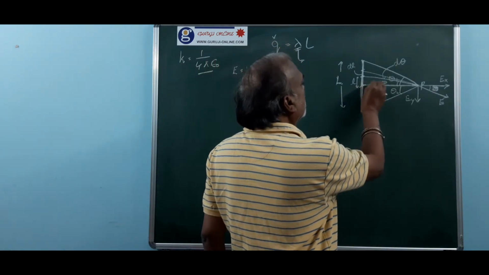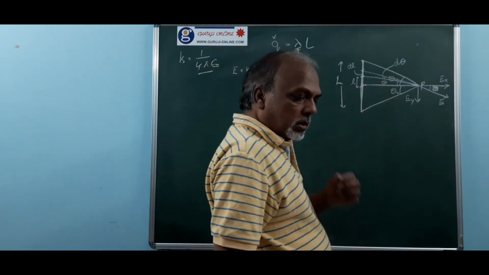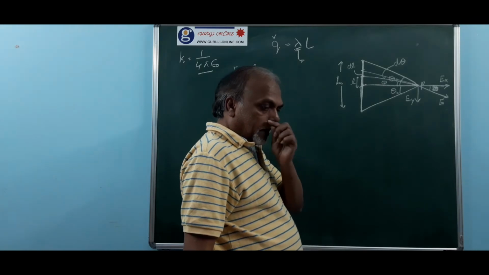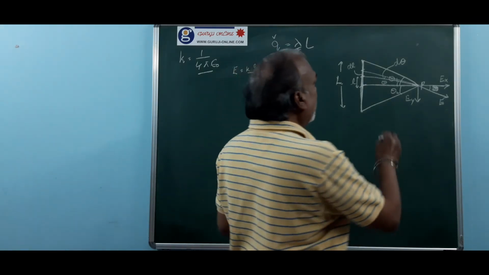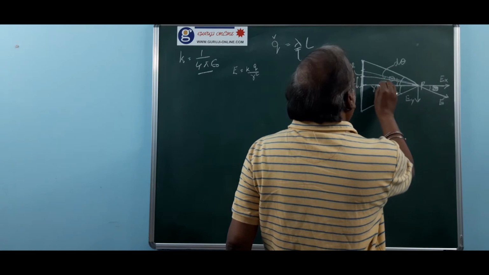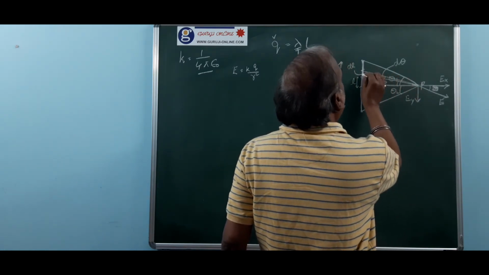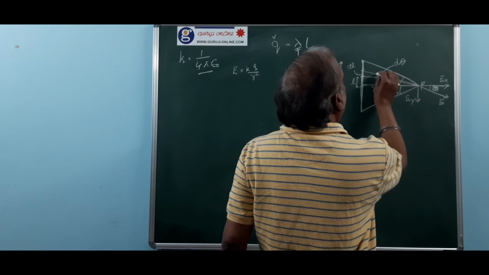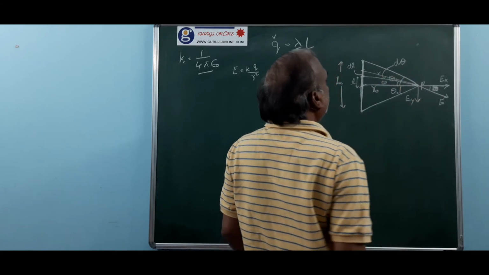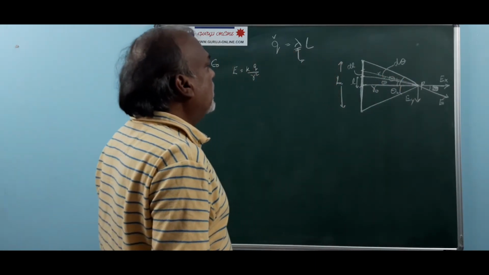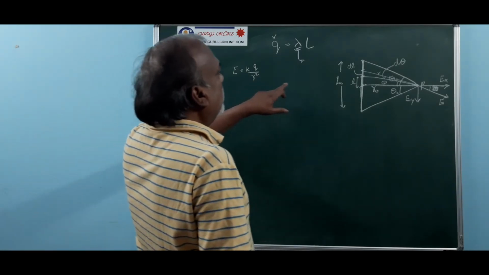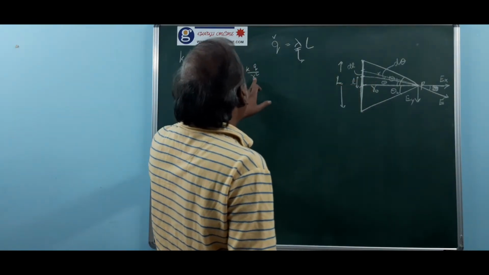Suppose this is your R0, and this is the distance between, this is your R. So naturally this is your R. What is Q?